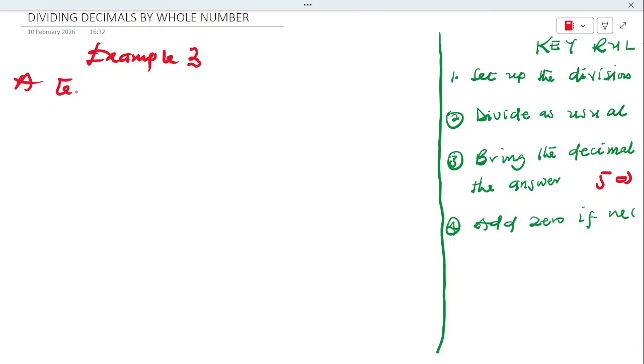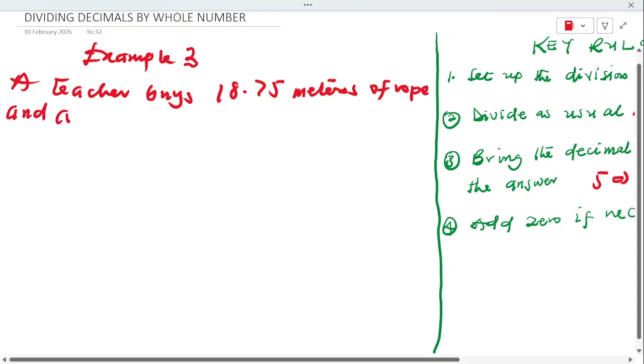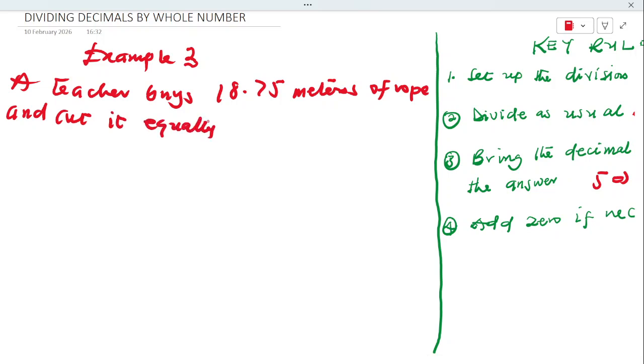A teacher buys 18.75 meters of rope and cut it equally into three pieces. So how long is each piece?